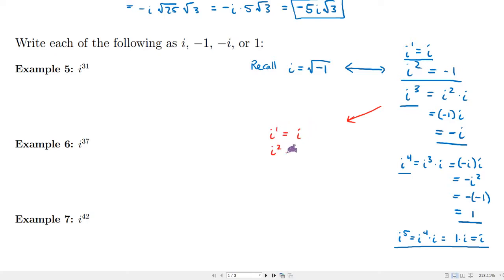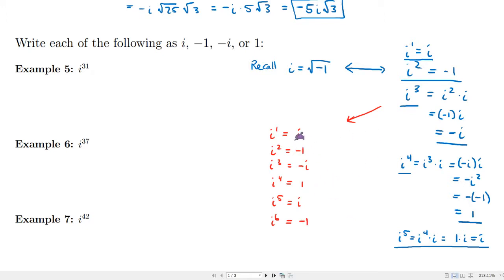I squared was -1, I cubed was -I, I to the fourth is 1, and now this pattern is just going to continue. So I to the fifth is I, right? And then when you go to get I to the sixth, that'll be I to the fifth times I, but we already figured out what that would be, right? That would be -1. So I to the sixth is -1.